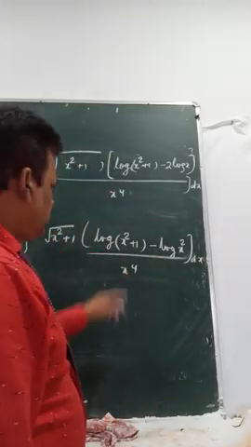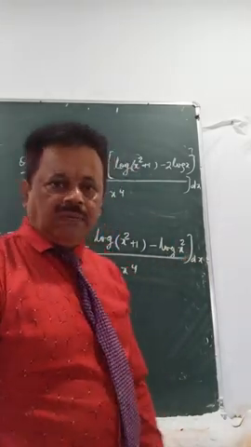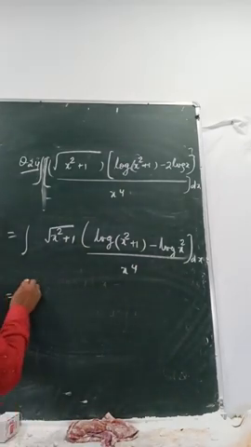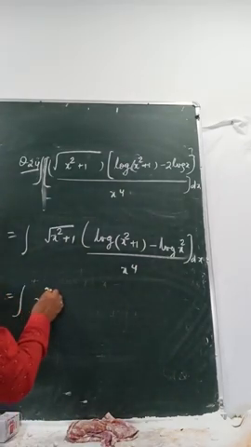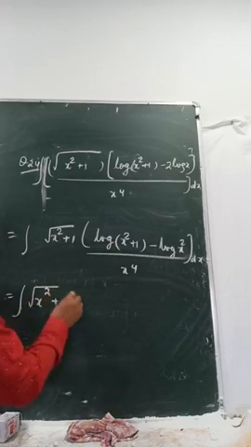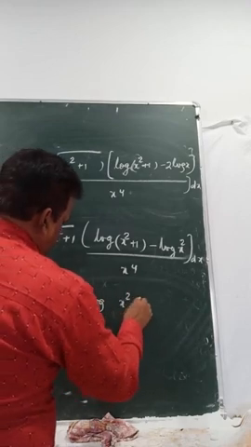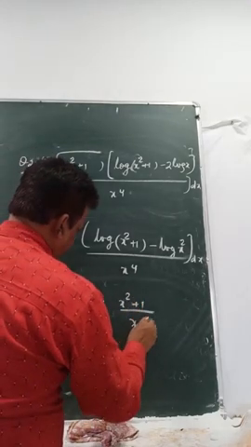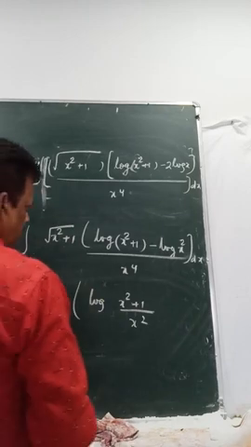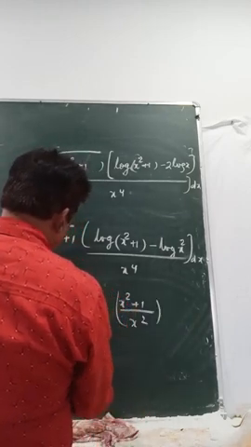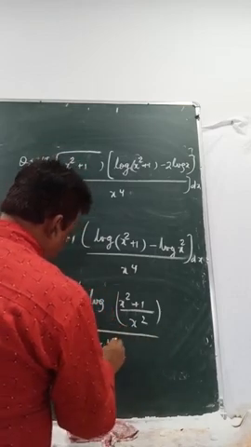Okay, what is log a minus log b? Log a by b. So x square plus 1, log of x square plus 1 by x square, divided by x to the power 4 dx.